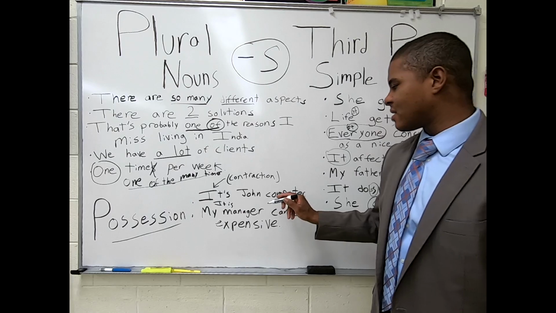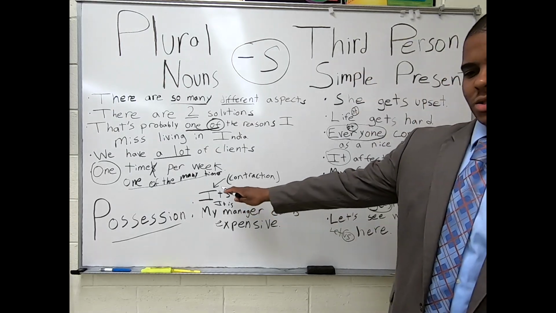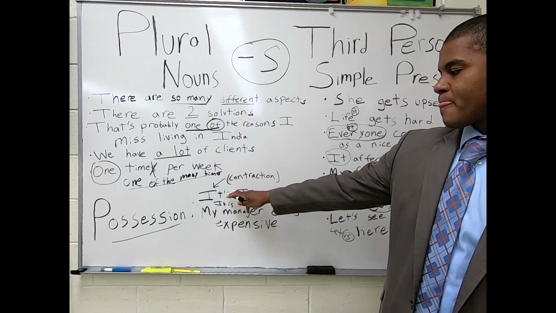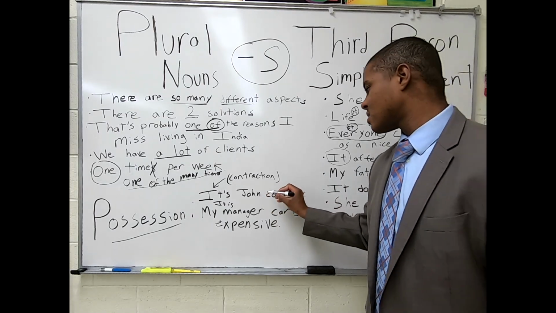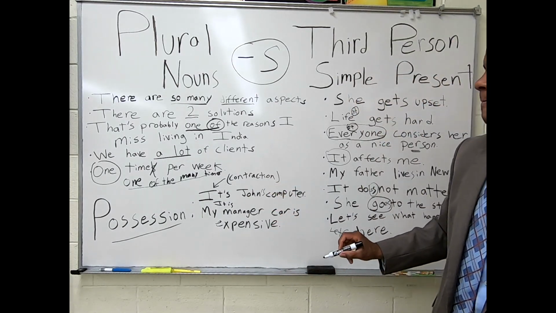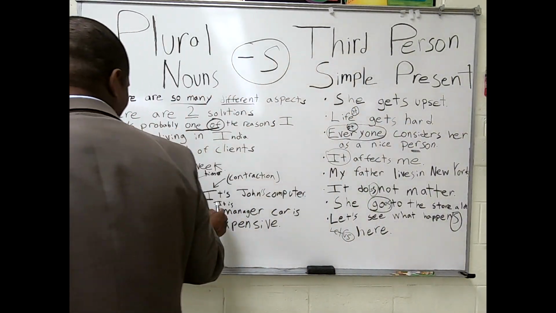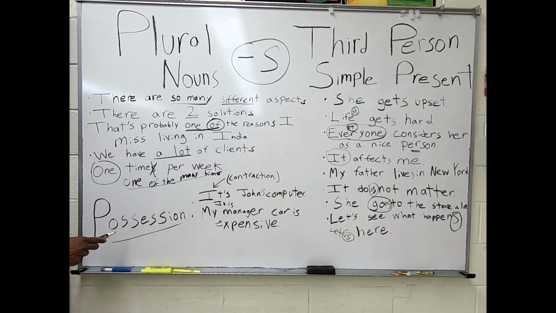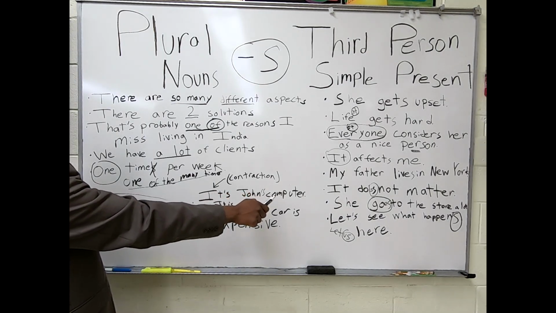Now, John, so you may say, well, this is already contracted, so I can't contract this. No, we still have to contract it because this is short for it is, whereas this, right, is possession here. Okay, so this contraction indicates possession.